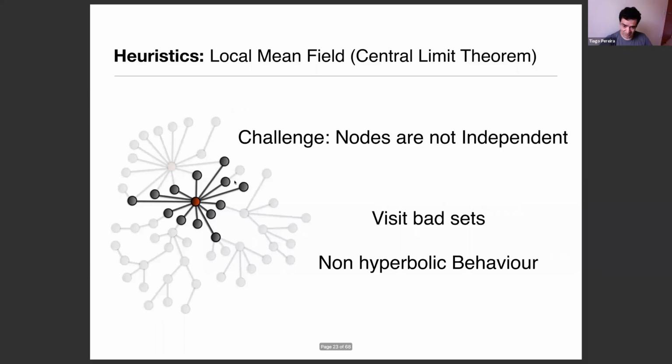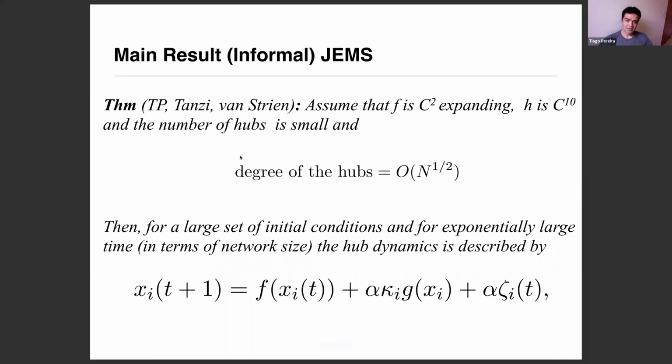I'll try to do this precisely. Take x goes to 2x, and H is very smooth. The number of hubs is small, which is a natural assumption, otherwise you're not heterogeneous. The degree of the hubs is sufficiently large, in this case the square root of the system size.